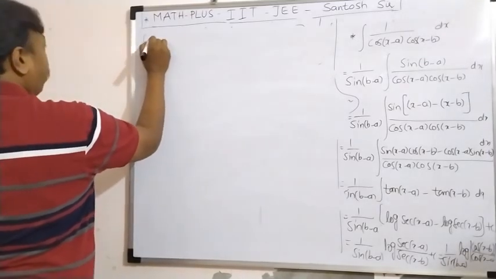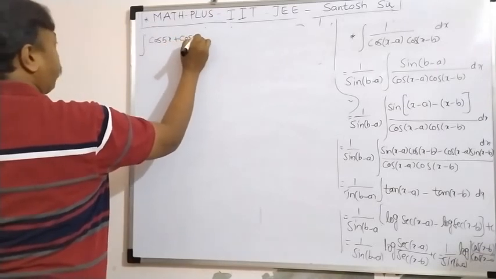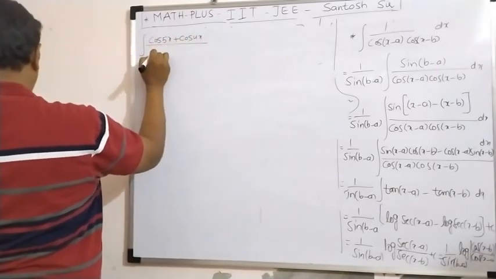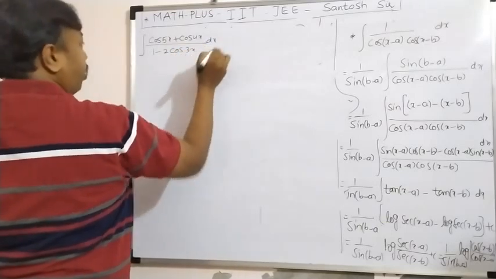Integration of (cos 5x plus cos 4x) upon (1 minus 2 cos 3x) dx.